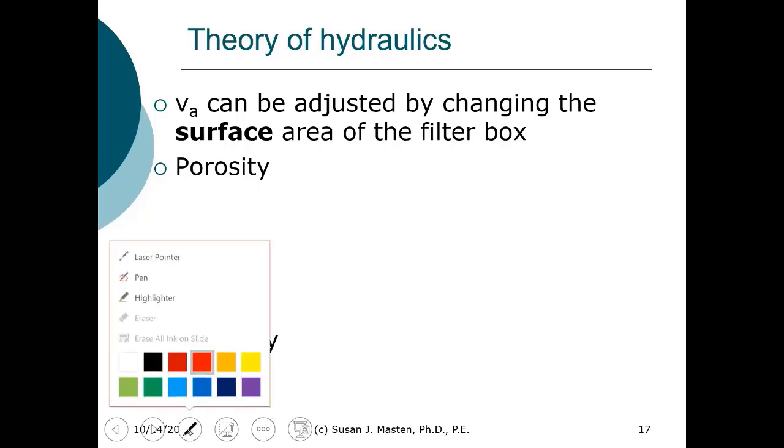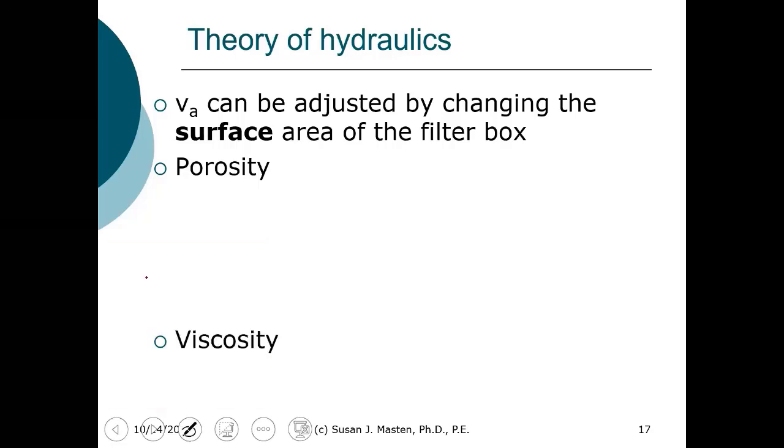In terms of the hydraulics, we'll make a number of assumptions. One is we'll assume that the porosity is uniform. So for a particular media, for instance, for sand, we'll assume that the porosity of the sand is uniform throughout the depth of the bed.